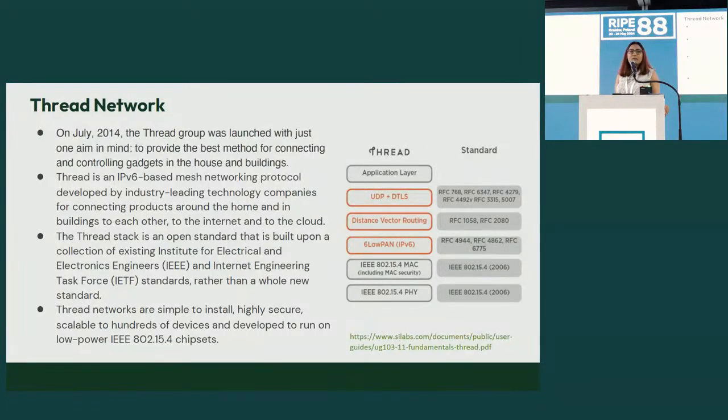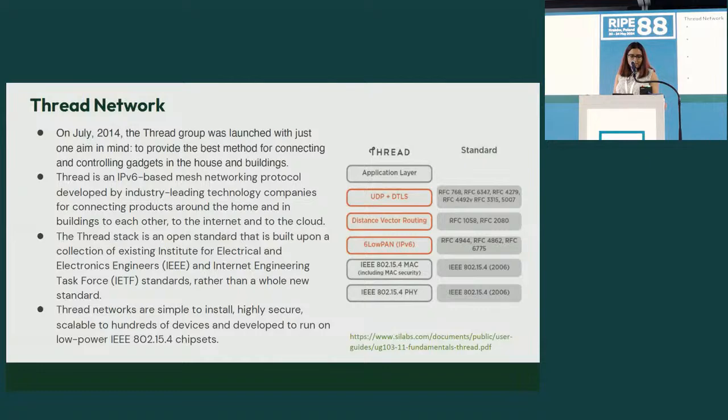Right now, there are 250 industries backing this Thread consortium and Matter consortium. To highlight, Matter and Thread are still not standards. They are still community-driven initiatives, run by the industries, bringing this whole ecosystem together.